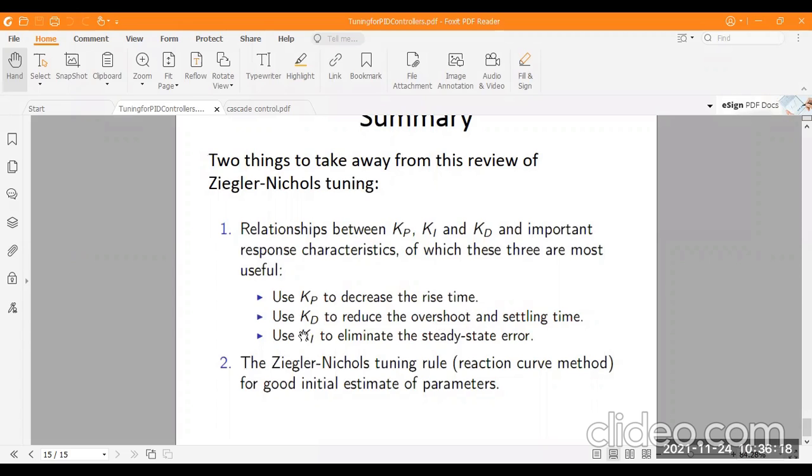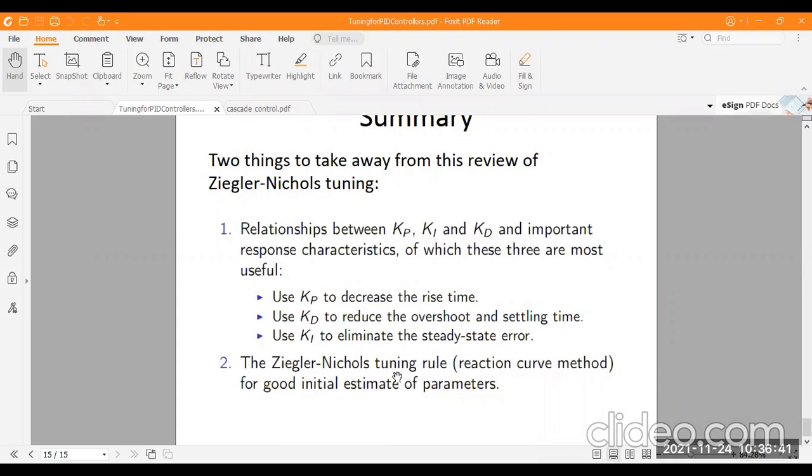And when you use the integral part, Ki, it eliminates the steady state error. Any steady state error coming in the PID controller is eliminated by the integral controller. So this is the first rule or review for the Ziegler-Nichols tuning methods.